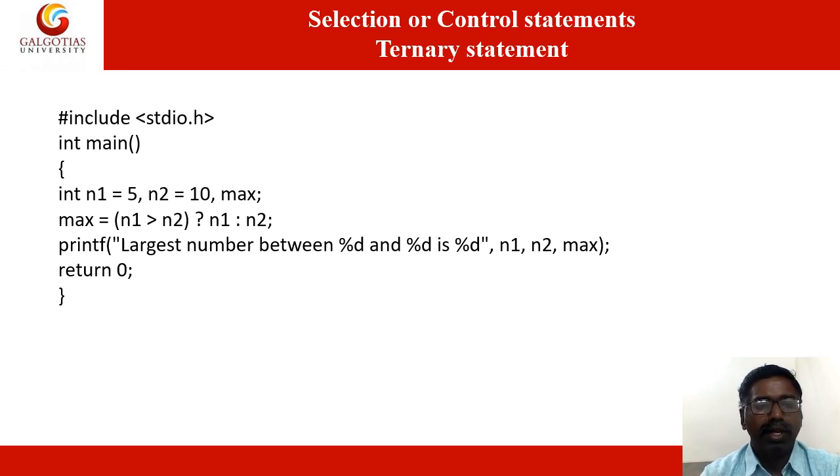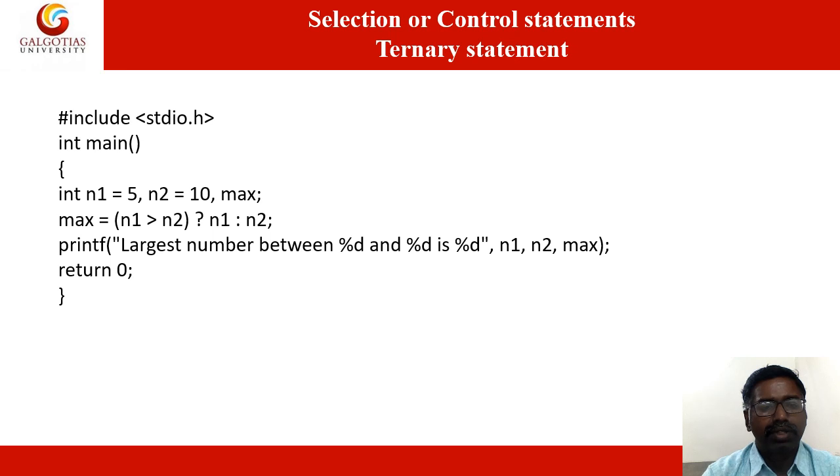According to the given values, n1 is 5 and n2 is 10. In the checking condition we check whether n1 is greater than n2, that is, 5 is greater than 10. We get false in this condition, so the ternary operator selects n2, which stands in expression 3.